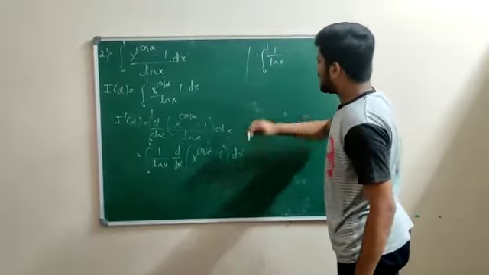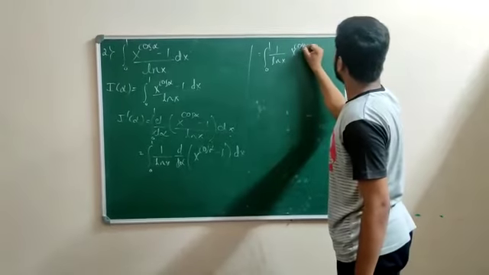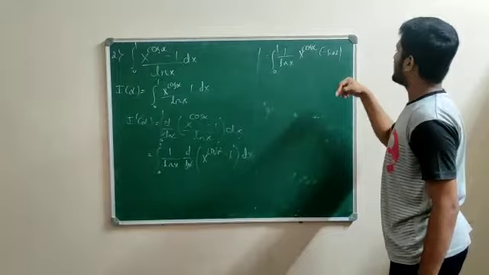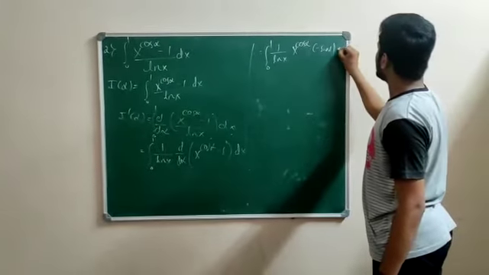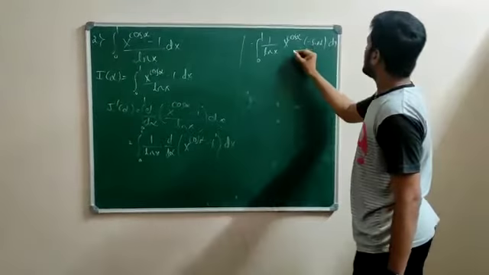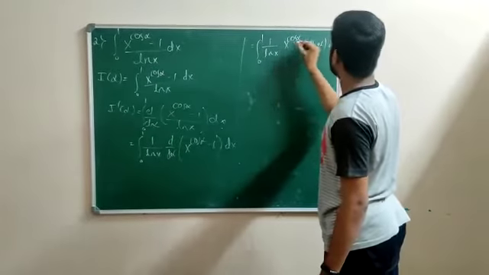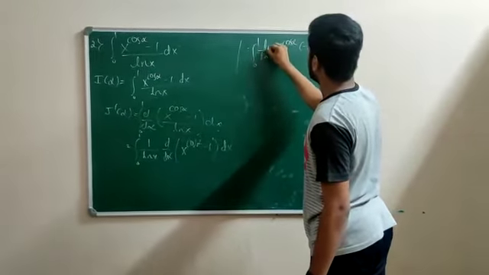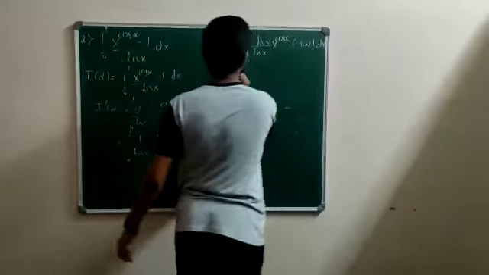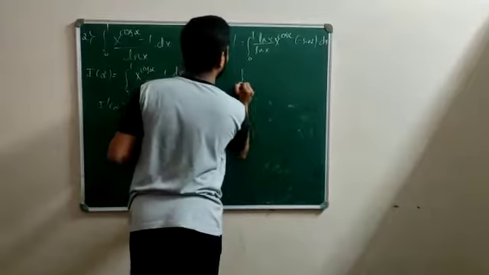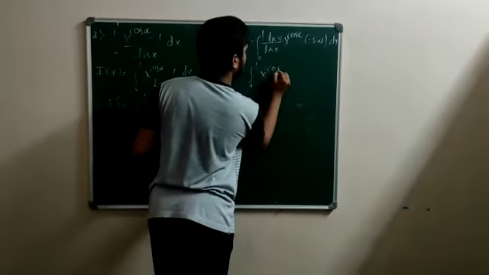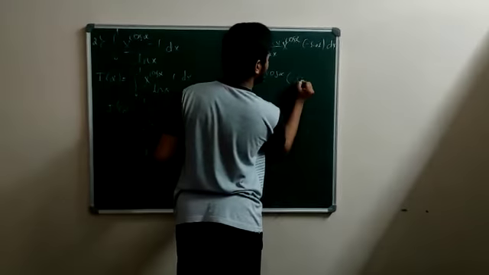So it became x to the power cos alpha into minus sin alpha, into ln x here. So ln x and ln x cancel each other. So the integral of 0 to 1 becomes x to the power cos alpha into minus sin alpha.